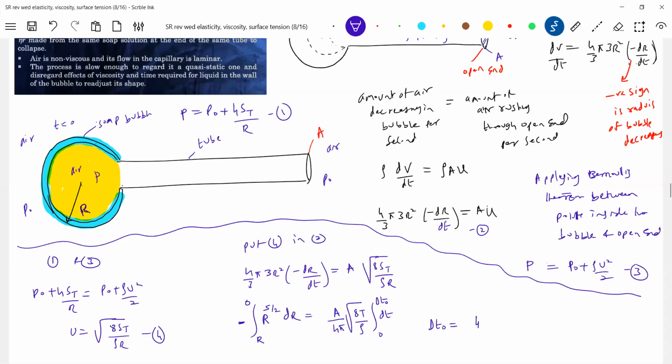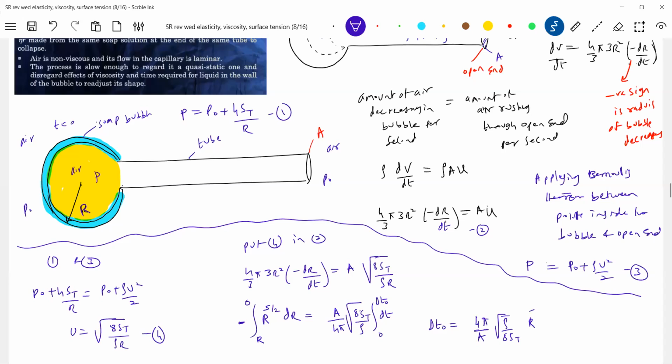I'll write down the 4 pi A will come, rho, 8 ST. What are the other things?